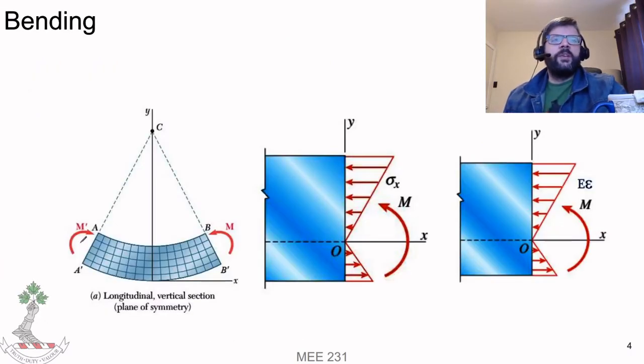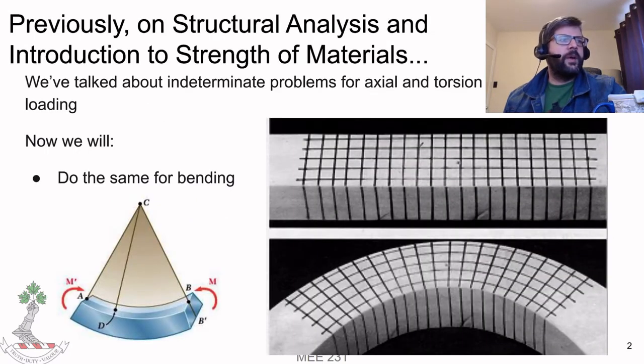So based upon that, if you look at the way this deforms, and at lines drawn across the beam here, you'll see that right along here, the lines are getting smaller.